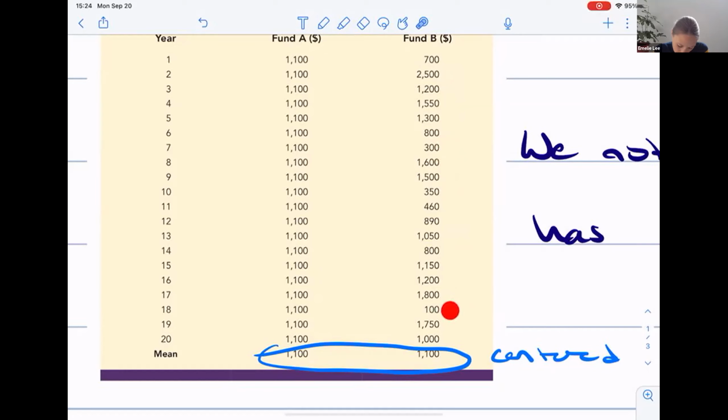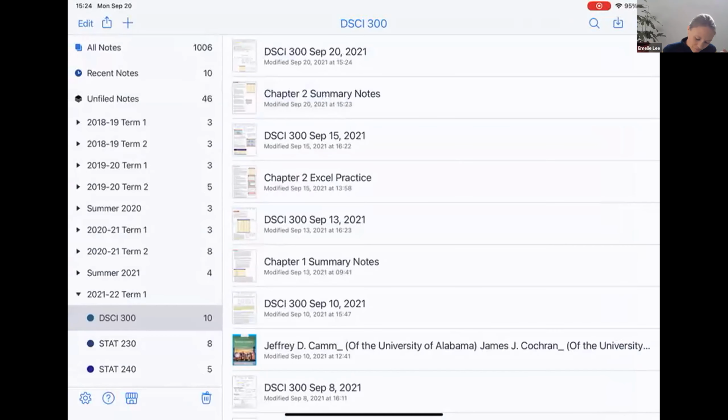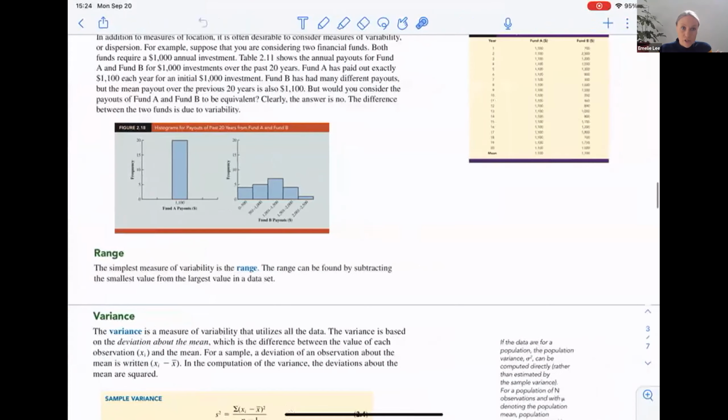Oh, yikes. That was a bad year. And then the max looks like it's 2,500. So here I have a range of 2,400, right? Quite a large range. So that's one measure of variability.